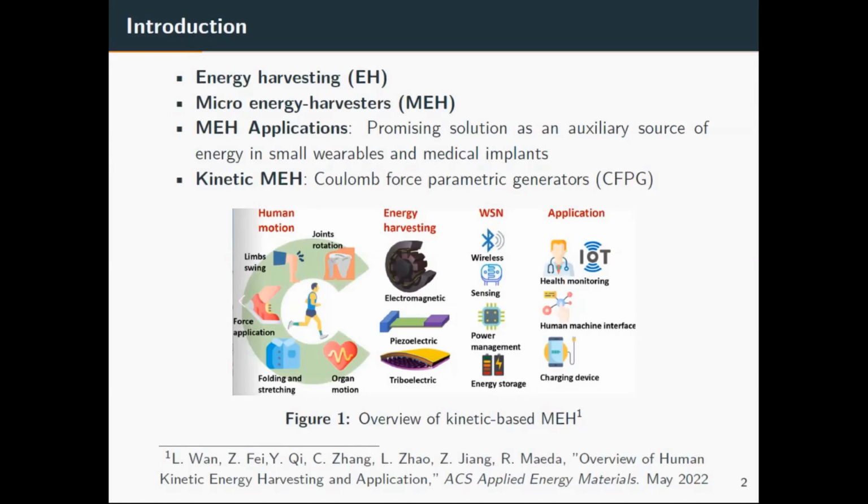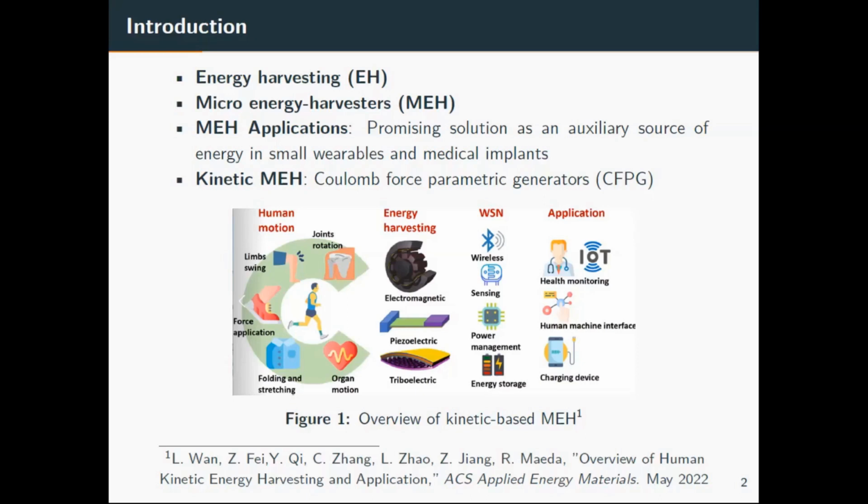They are becoming more and more popular in wearable implants for medical applications, as many of you know. Among this class of microenergy harvesters, the ones that use electrostatic force to hold the proof mass, as I will discuss in the next slide, are very popular.